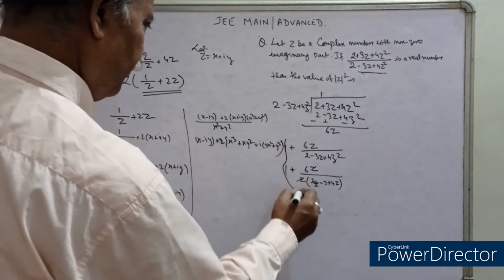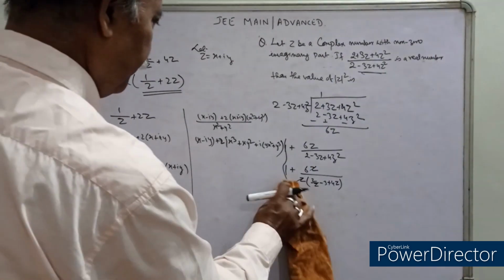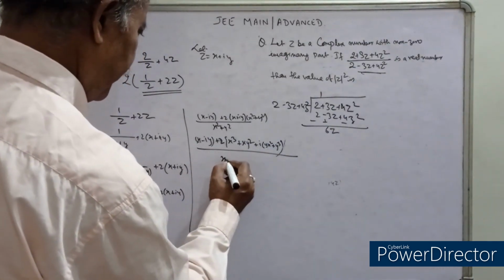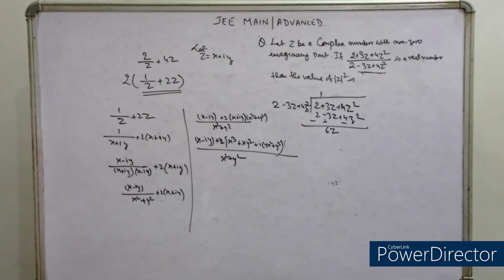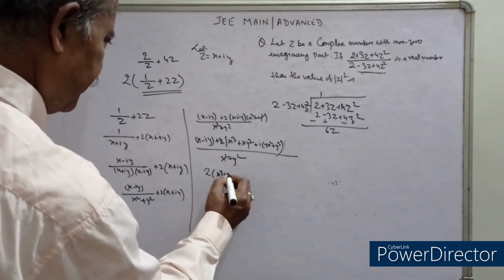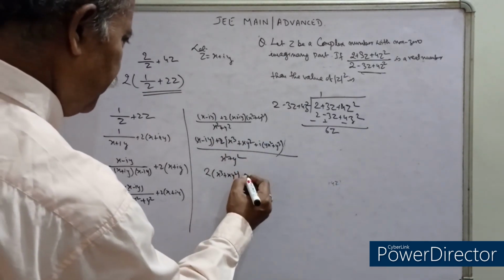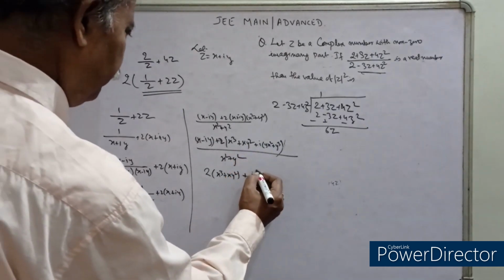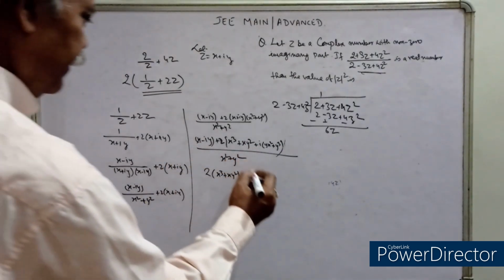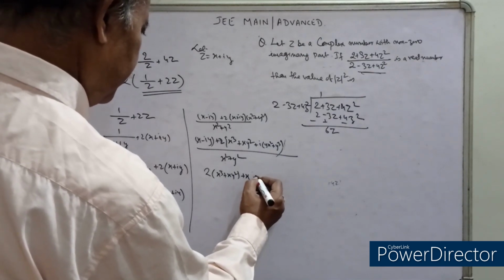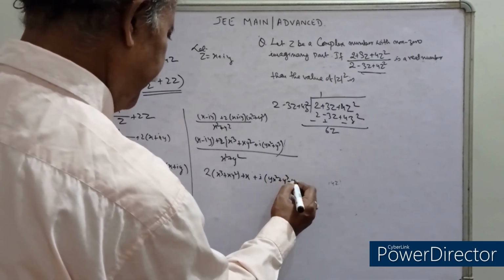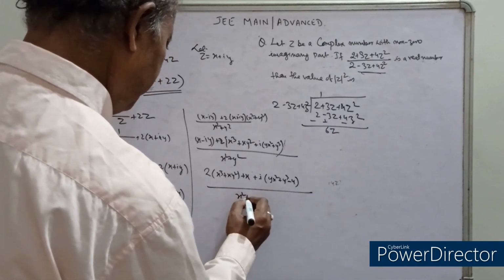So here this is x cube plus xy square, plus x, and minus, taking i common, this will be yx square plus y cube minus y, by x square plus y square.